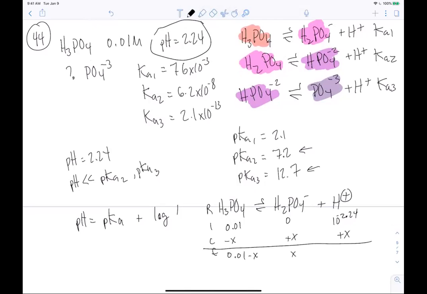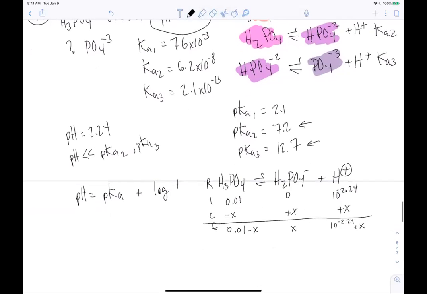There's got to be a way to use the Henderson-Hasselbalch equation here. I feel like that's what they're trying to get you to do. We know the pH, we know the pKa. I guess that's a way to do it.